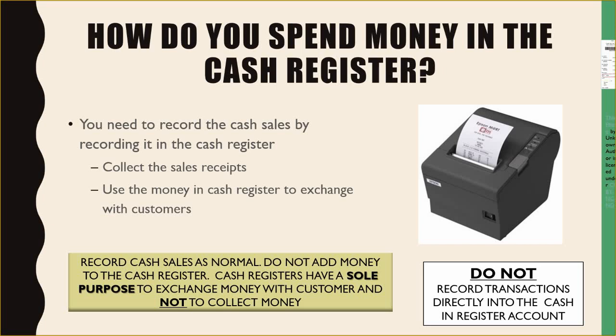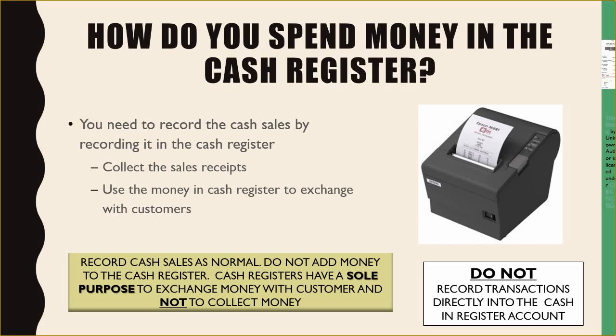If you ever see those individuals who have those little stands where after a cash transaction has been done, they put the receipt right into the pile and hook it onto something there, it's usually right next to the cash register. That's so that they can count the money that's in the cash register at the end of the day. So that's how you use the cash register.